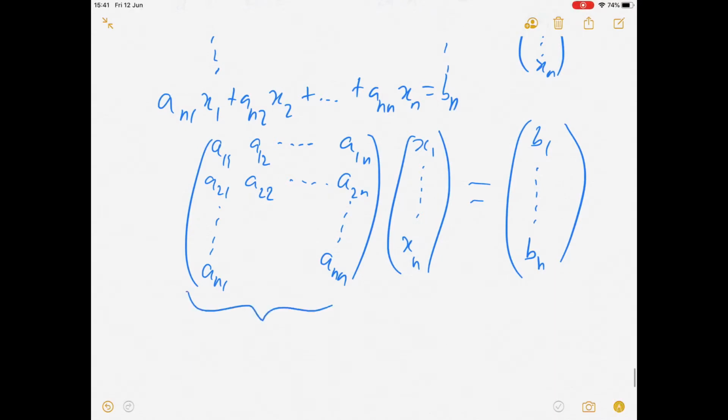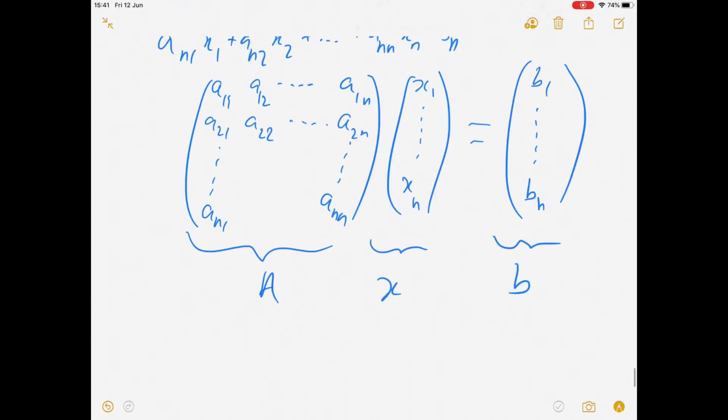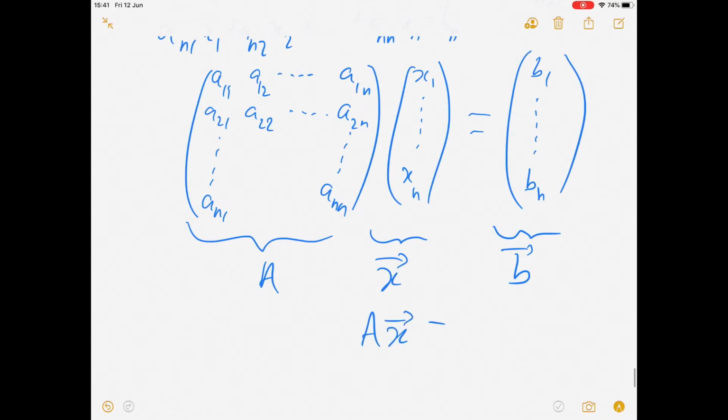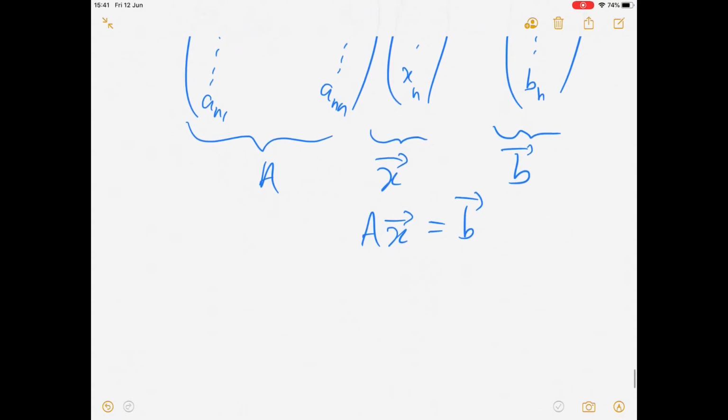If I now call this matrix A, and call this x and this b, where x and b are vectors, so we have Ax equals b, how can we solve this to find x?